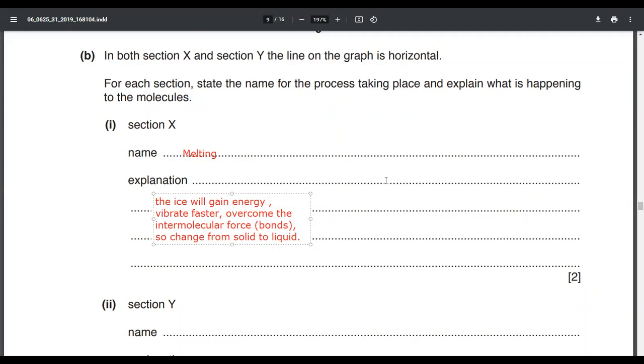Okay, that's the explanation for this part regarding melting.